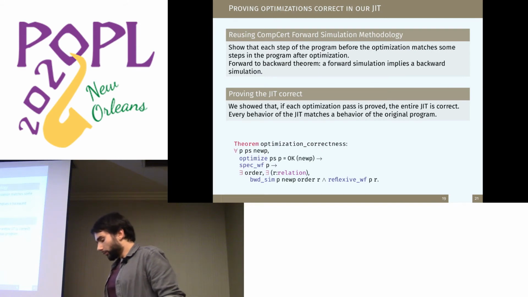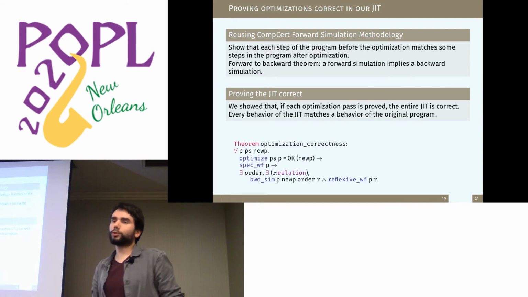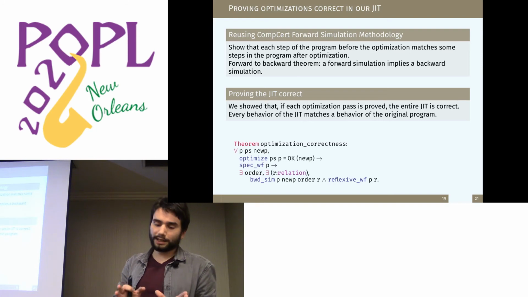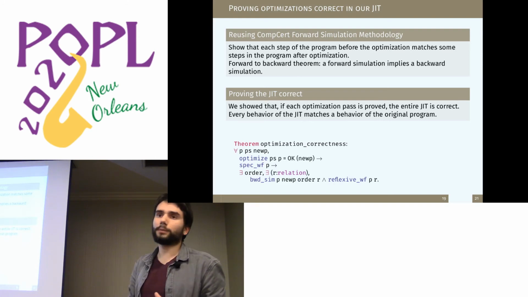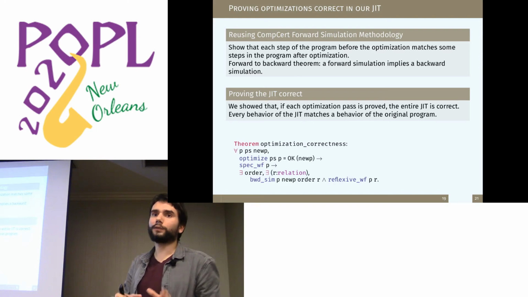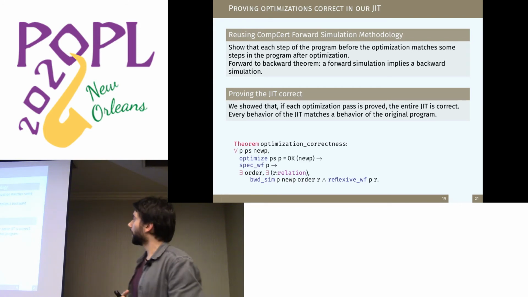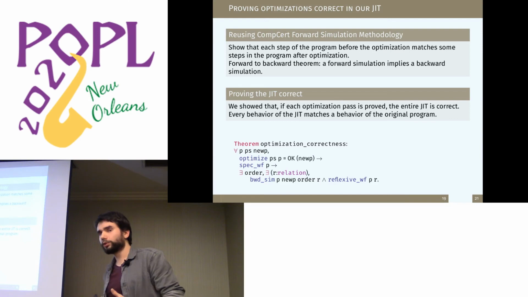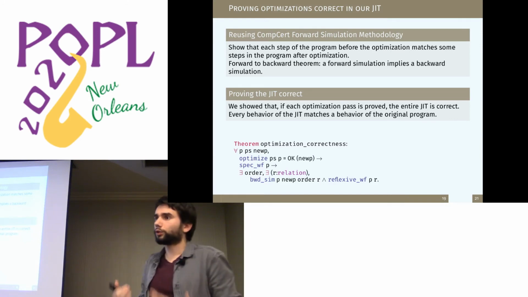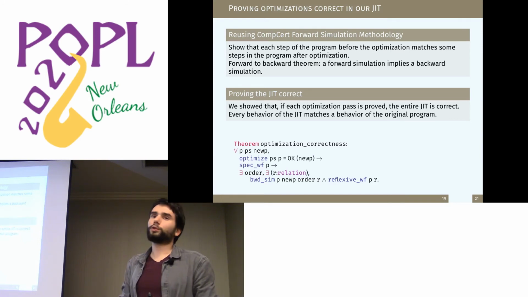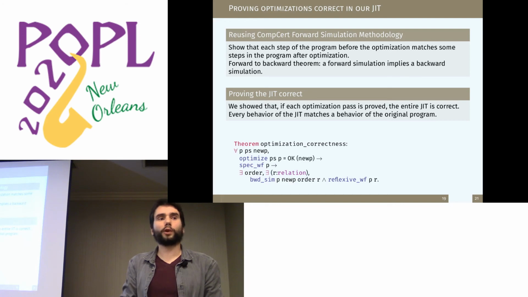Now that we have some optimization passes, what we want to do is find a way to modularly verify them in such a way that we can derive the overall backward simulation that we presented earlier, right? And what we have shown is that we can reuse a methodology that was also used in CompCert, for instance, which is proving each optimization pass with a forward simulation.